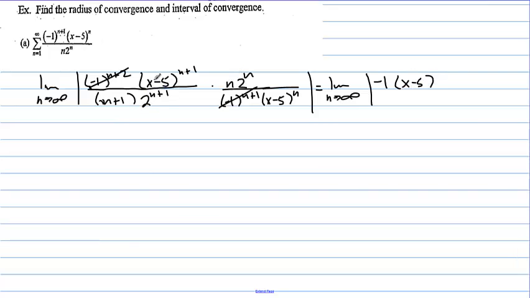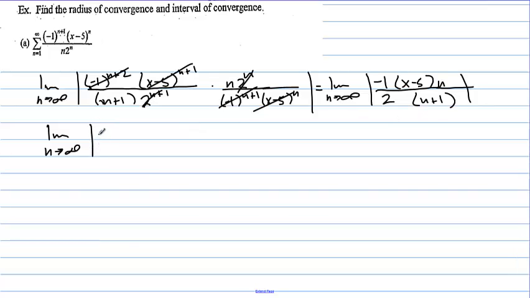If we take care of the 2 to the n and 2 to the n plus 1, there's an extra 2 in the denominator. So that takes care of that. And then we have n over n plus 1. Well, then we can split this up into the following. We have the limit as n approaches infinity. Let's just look at the n's here.